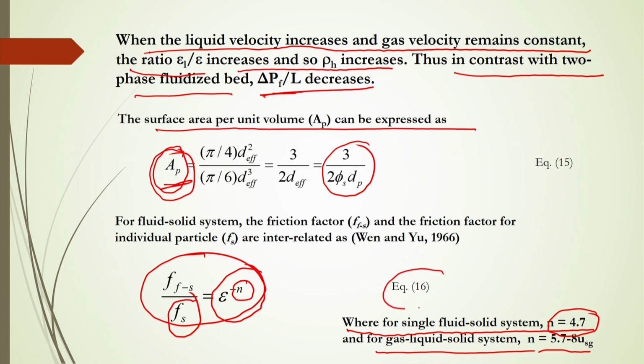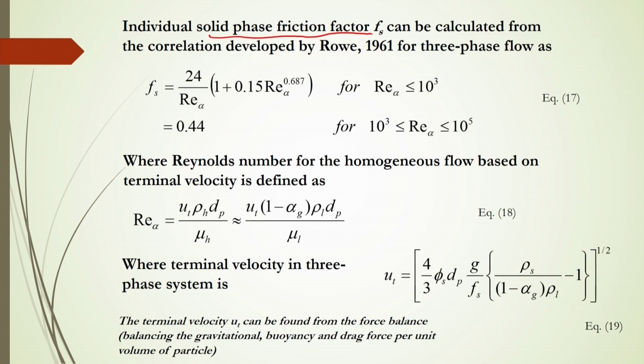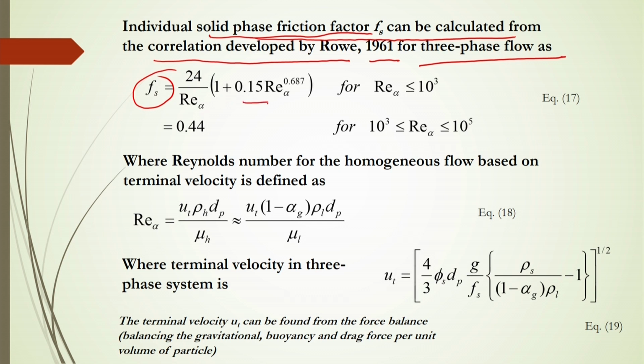Now, what should be the individual solid phase friction factor, which is required here in equation 16? You can calculate this individual solid phase friction factor Fs, which was developed by Rowe in 1961 for 3 phase flow system, as Fs equals 24 by Re alpha into 1 plus 0.15 into Reynolds number to the power 0.687.